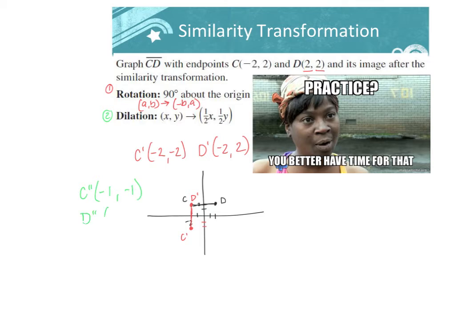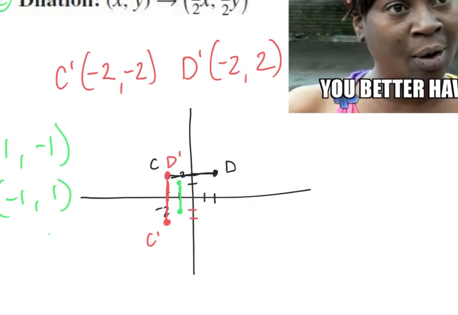And D double prime is going to be negative 1, 1. Negative 1 is right here, and negative 1, 1 is right here. This bottom one is C double prime, and this top one is D double prime.